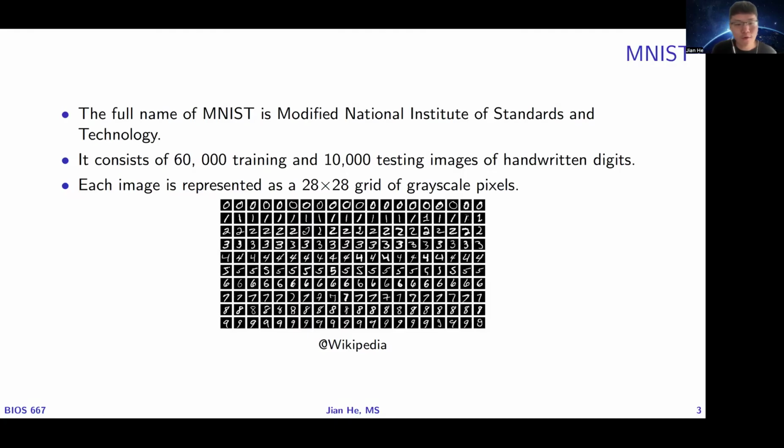It consists of 60,000 training images and 10,000 testing images of handwritten digits from 0 to 9. Each image is represented as a 28 by 28 grid of grayscale pixels. The following picture shows examples of those images.